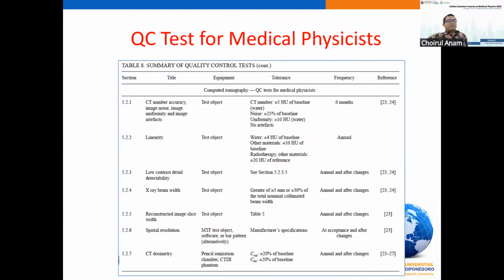The medical physicists measure the more advanced parameters such as the CT number, linearity, spatial resolution, low contrast detectability, and so on. Okay, so both medical physicists and radiographers can use the IndoQCT to help performing their job in the quality control.